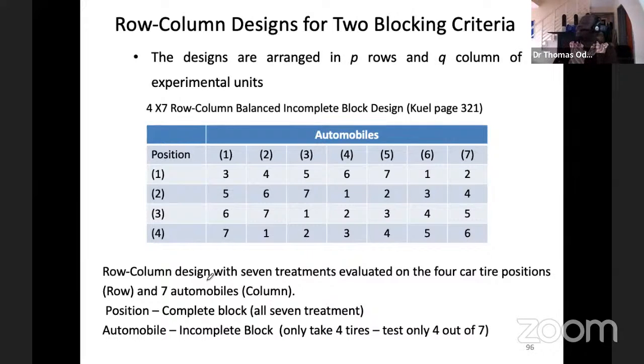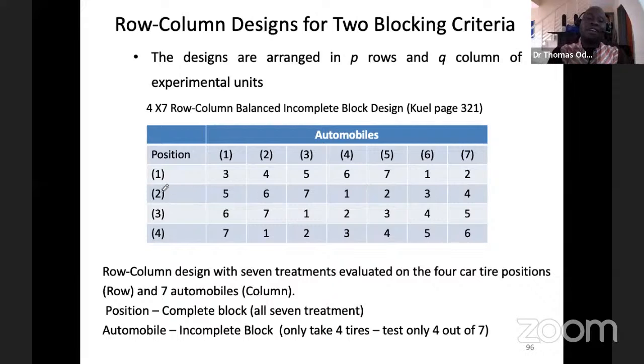If you have more than 4 treatments, that means each car is not going to be complete. So here we have an experiment with 7 cars, and each car has only 4 wheels, but there are 7 treatments.